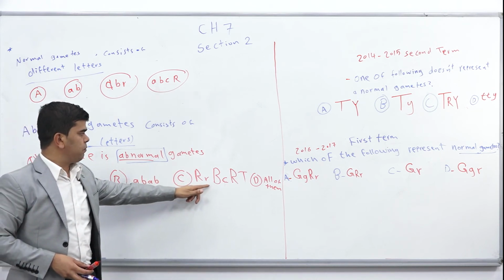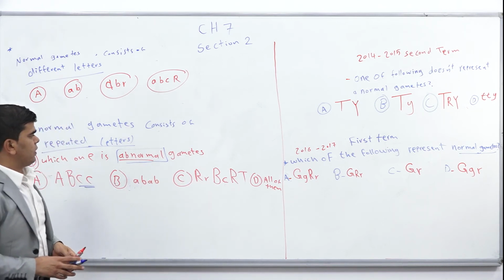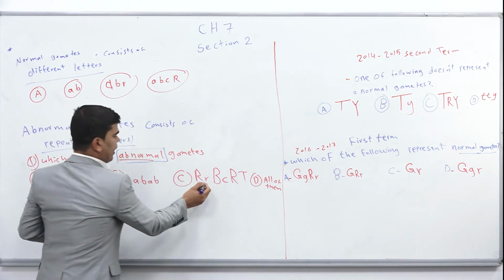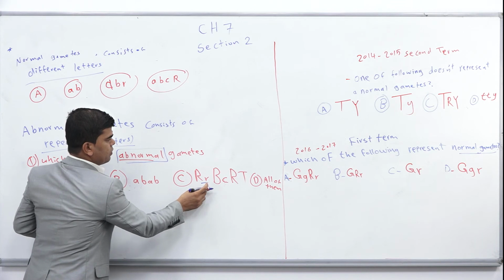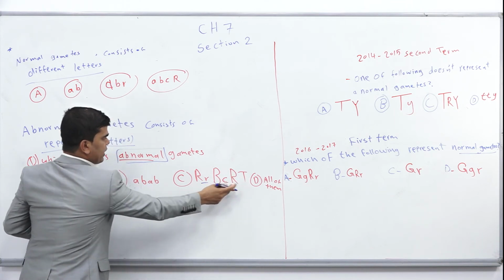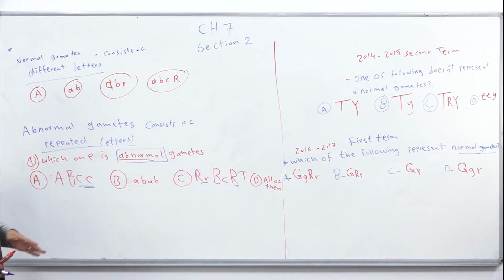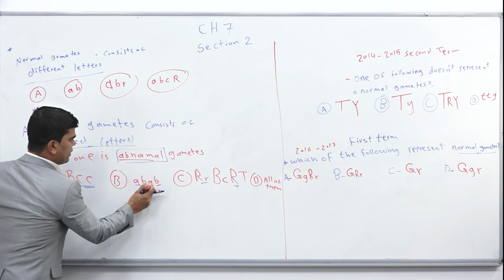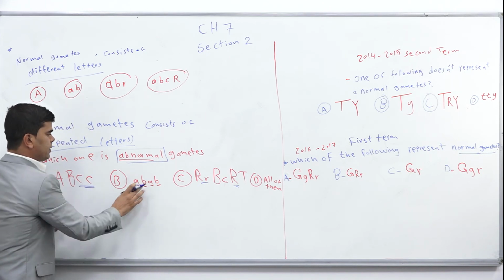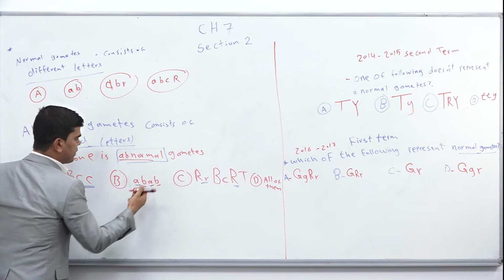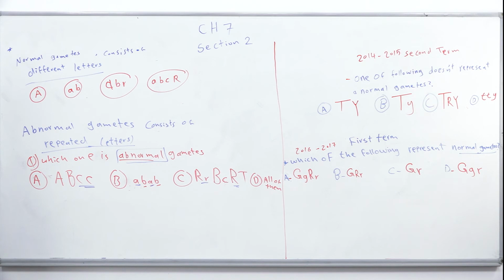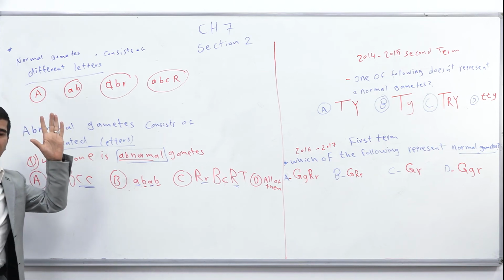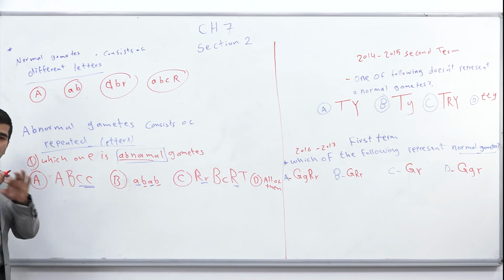R capital and R small contain a double R, and there is another R here as well, so this is abnormal. Why? Because of the repeated letter. It's very easy to distinguish between abnormal and normal. Normal has only one of each letter, without repeating, whether lowercase or capital.